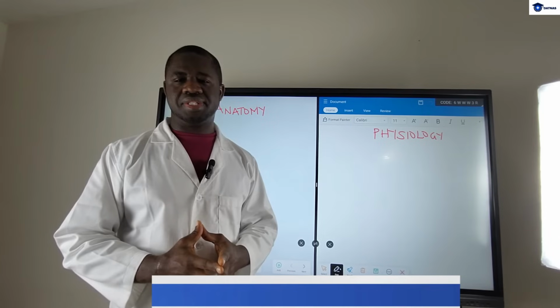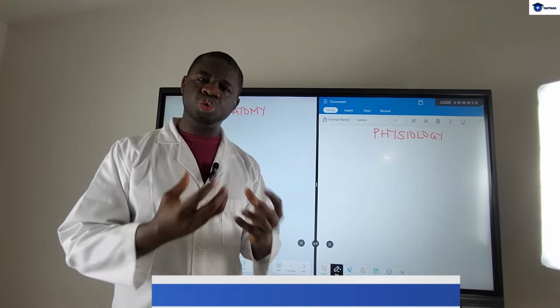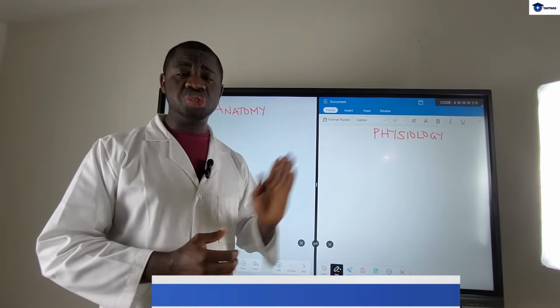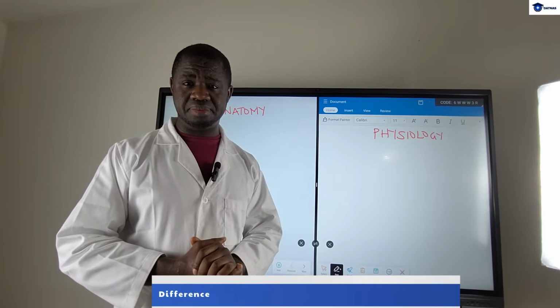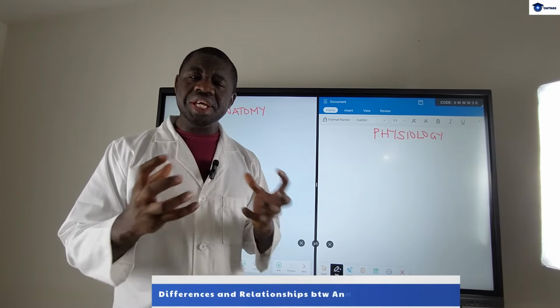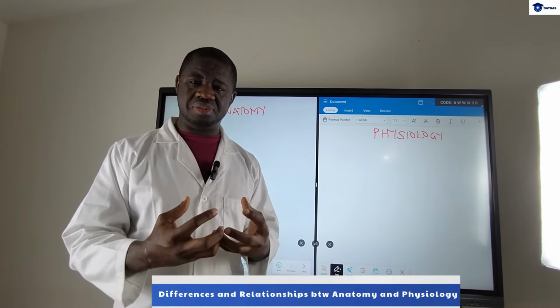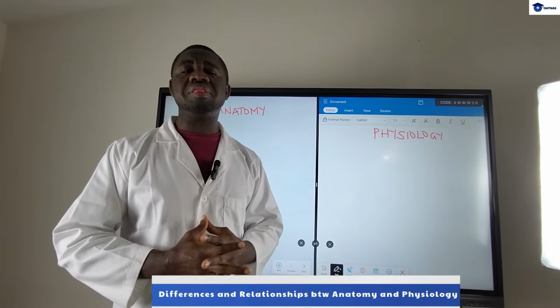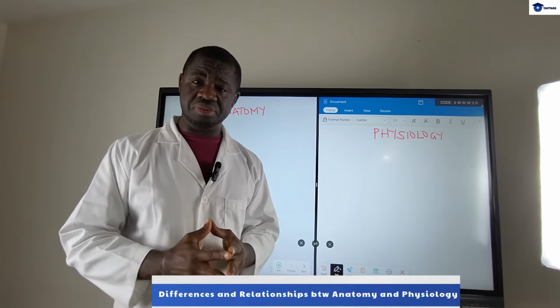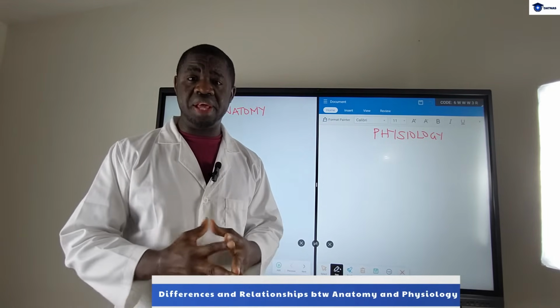What differences exist between the anatomy and physiology? We can deduce the differences that exist between the anatomy and physiology in our definitions of them.